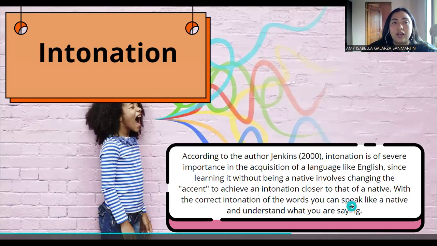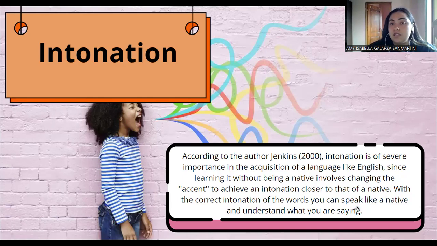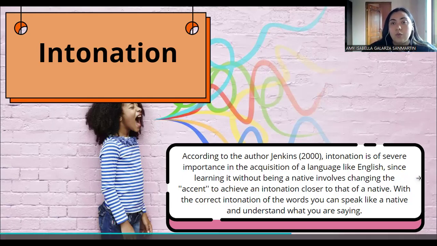And with a good intonation of the words and also using the correct word stress, we can speak and understand what we are saying or what other people are saying, just listening or just talking in a good English way.